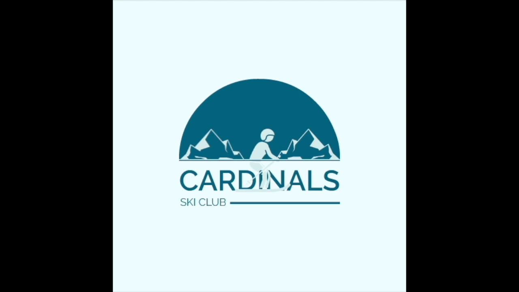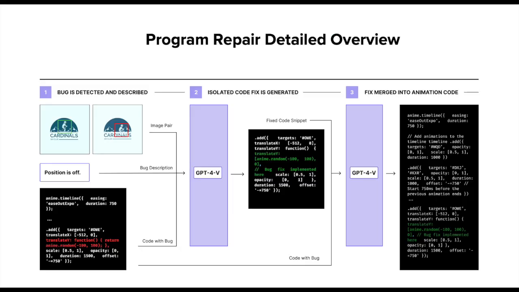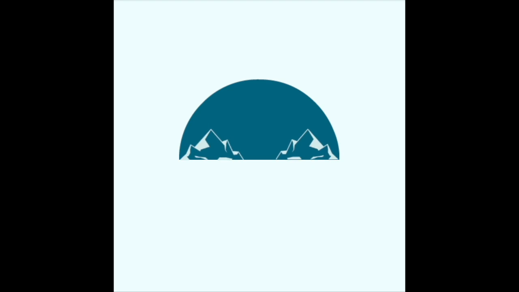LLM-generated code is prone to unintended side effects, so we check and correct for visual bugs like these. We detected these bugs by going layer by layer and calculating bounding box differences between the last frame of animation and the target layout. If bugs were detected, the LLM was then prompted to return an isolated code snippet to fix the issue. Here is a correction of the earlier run.